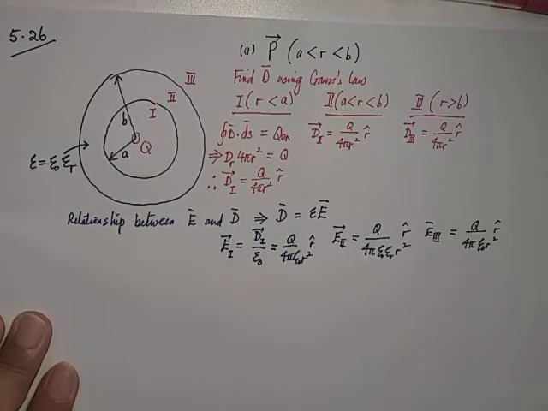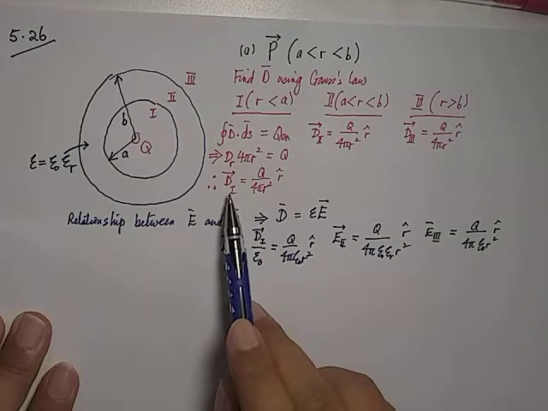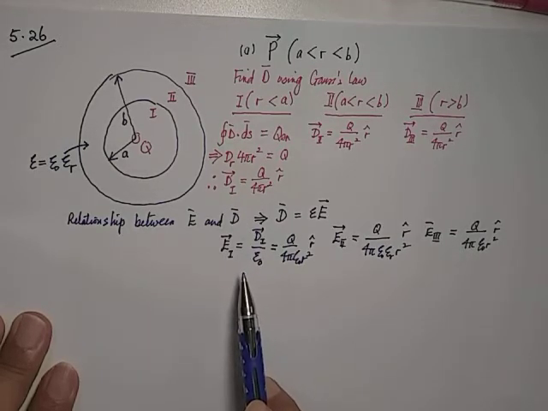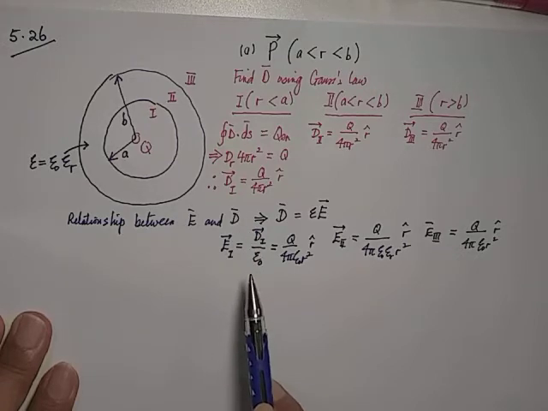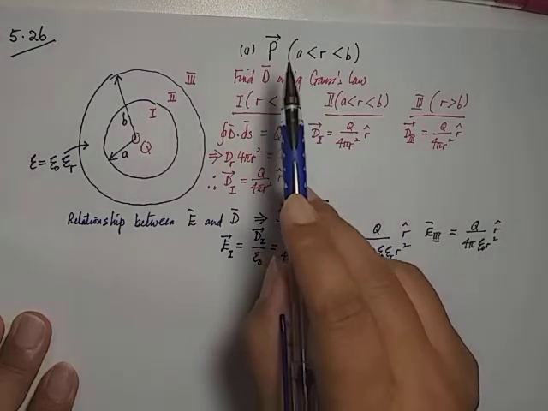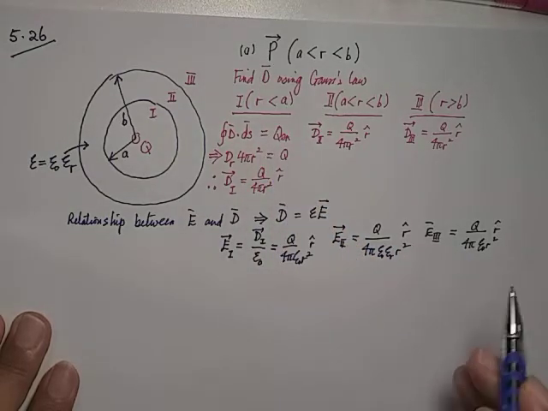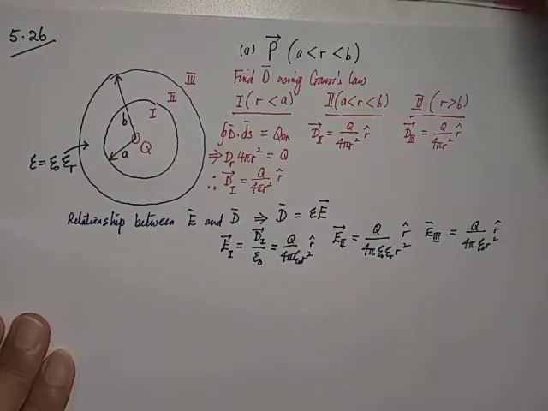Okay, so now we are able to determine the D field and the E field. So why is it important to find the D and the E? Because that is very significant when we want to find the P. So let's state the reason now.